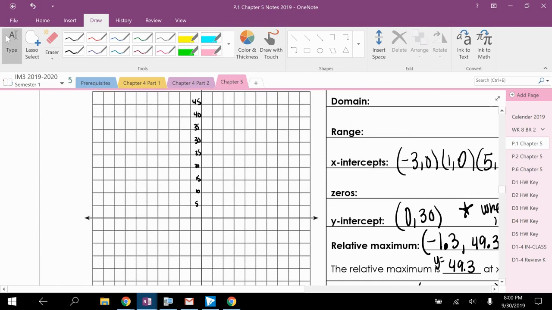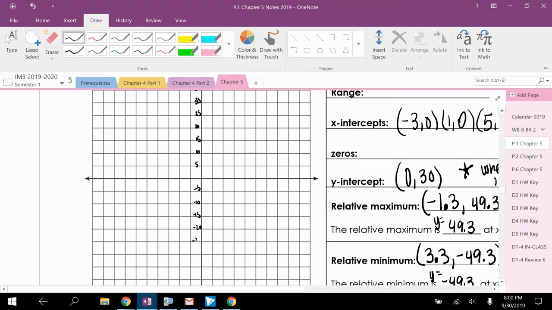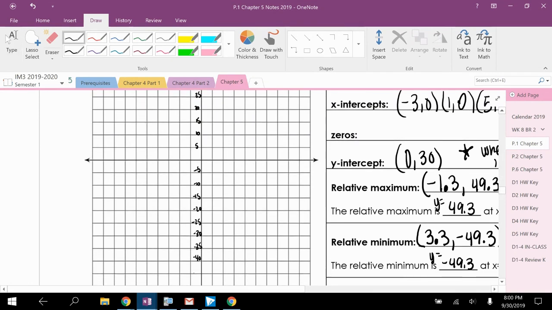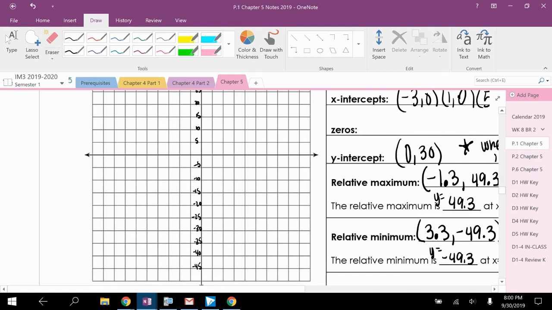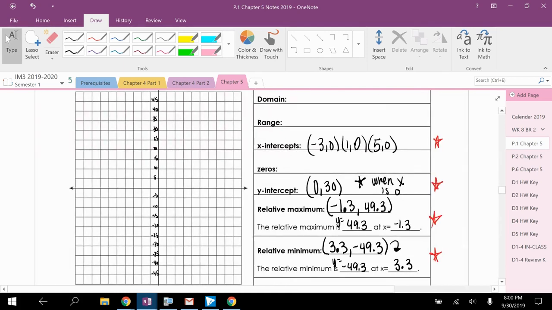Do it again: negative 5, negative 10, negative 15, negative 20, negative 25, negative 30, negative 35, negative 40, negative 45. I just went up by 5 so that I can get a better graph here. And now let's start putting those 4 things that we found on paper.